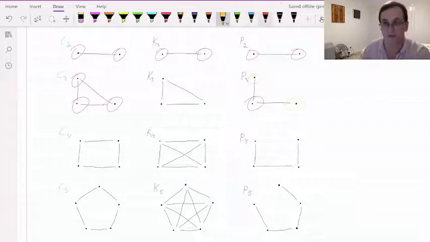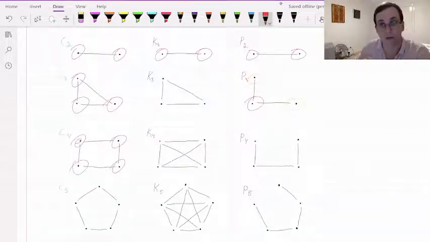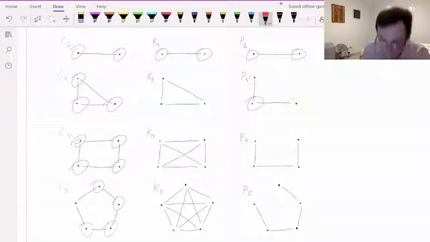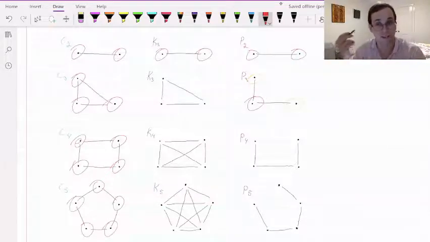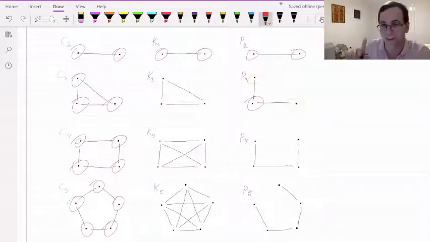Now, we'll go down to the next step. For our cycle graphs on 4 vertices, we can see we are in fact 2 regular. And if we were to go to the cycle graph on 5 vertices, we can see once again we are 2 regular. And as you can hopefully expect, particularly if you are more familiar with cycle graphs, every cycle graph will be 2 regular. For our completes, we have before, in our case where it was 2 vertices, we were 1 regular.